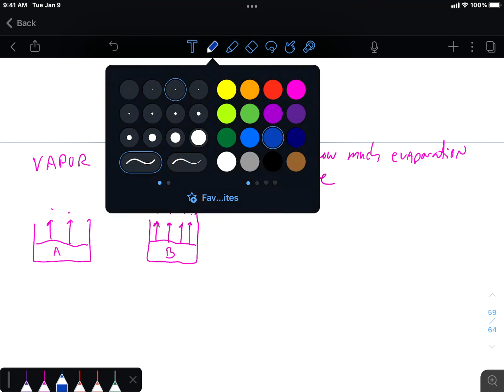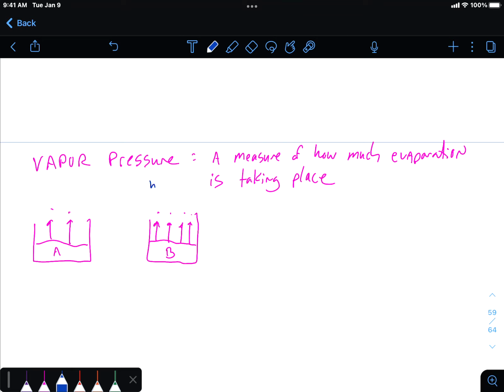So between these two examples, we're going to have higher vapor pressure above liquid B because there's more evaporation taking place. And above liquid A, you're going to have lower vapor pressure. So if you can tell me which one evaporates more, i.e. which one has weaker attractions, you can also tell me which one has higher vapor pressure.